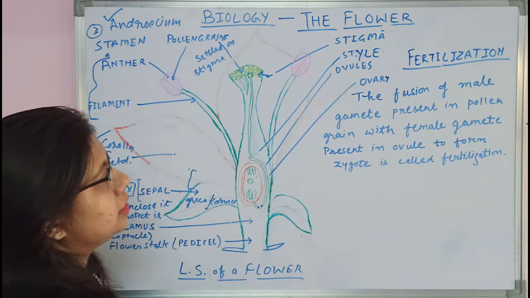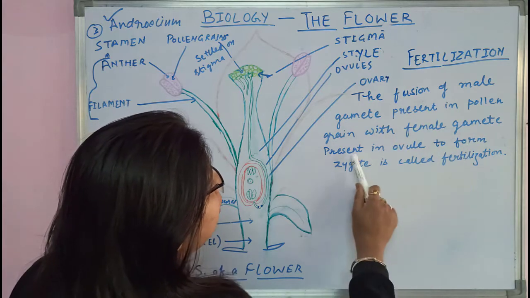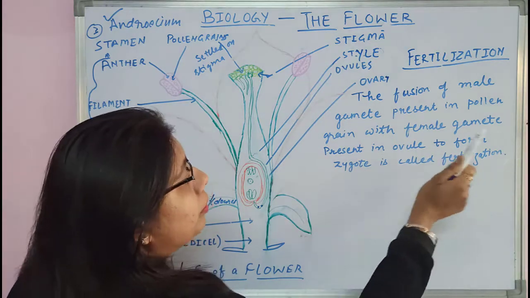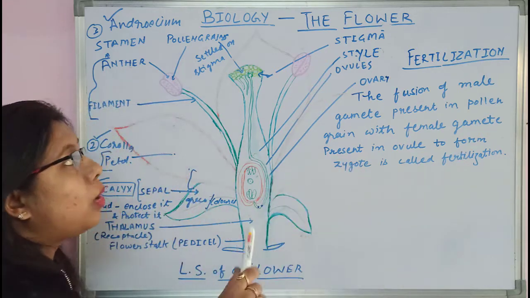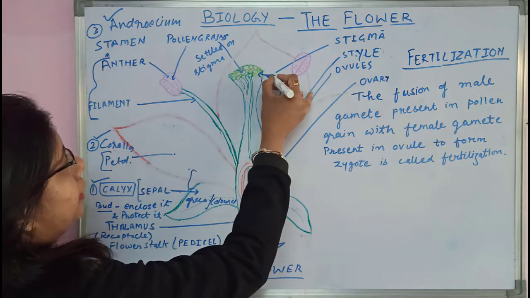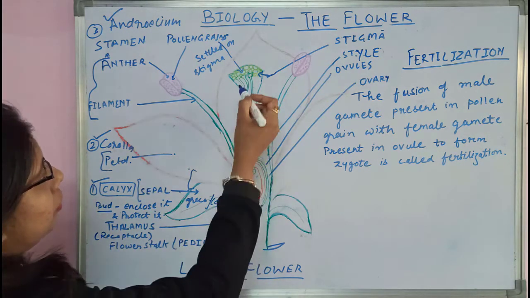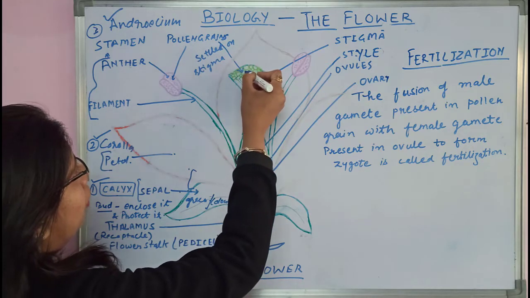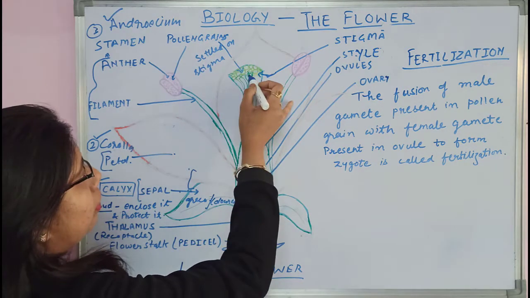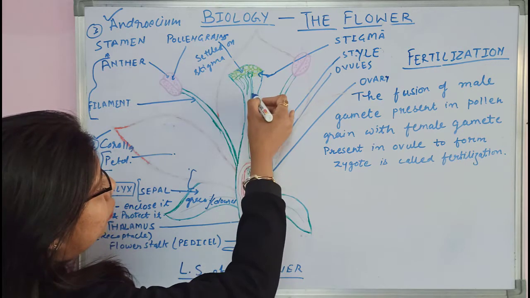Now, what is fertilization? The fusion of the male gamete present in the pollen grain with the female gamete present in the ovule to form a new cell, the zygote, is called fertilization. Now, how does it happen in a flower? Whenever pollen falls on a stigma, if the pollen is of the same species, it will start developing into a pollen tube.